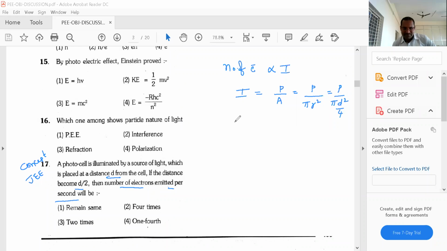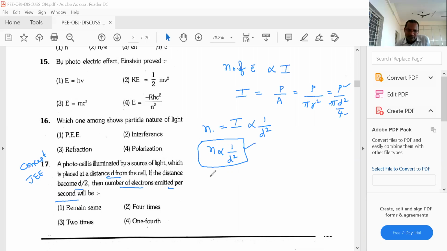Power is same, pi is same, 4 is same, so intensity is inversely proportional to d square, and intensity is directly proportional to the number of photons. That means the number of photons is inversely proportional to d square. This is the formula we need to use here. Understood, students? According to the question, you have got the formula.